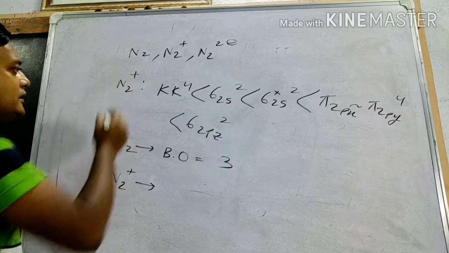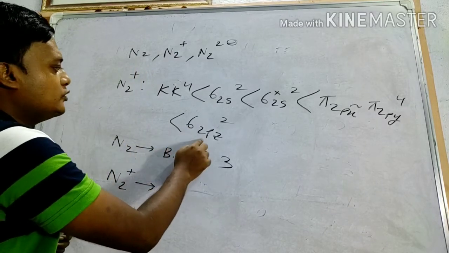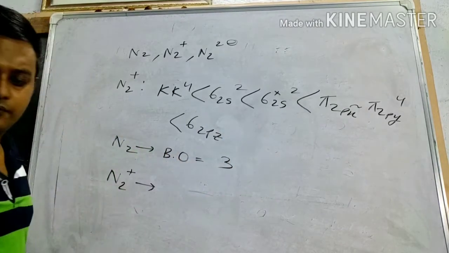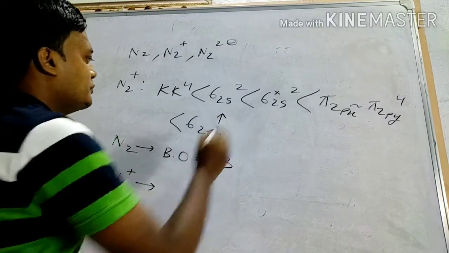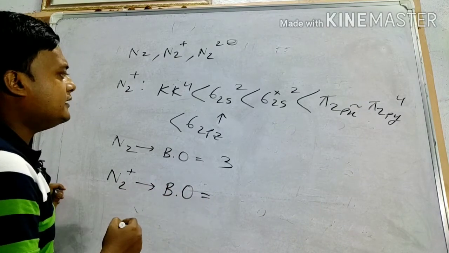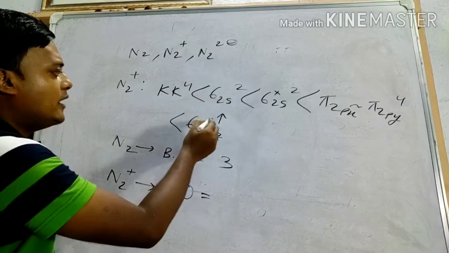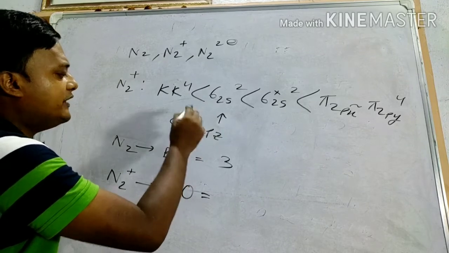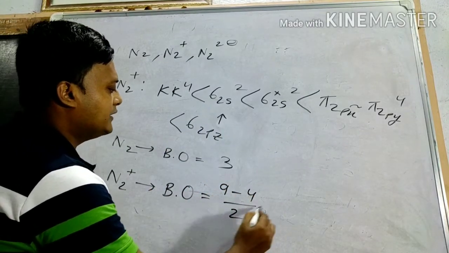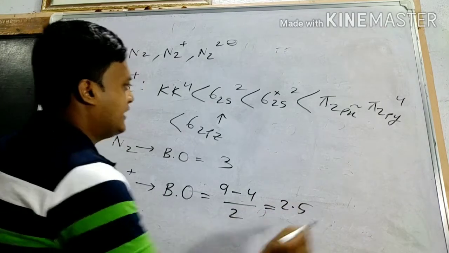For N2 plus, that will be sigma 2pz 1, because 1 electron will be removed. So the bond order, in this case 1 electron removed from the bonding orbital, so 9 minus 4 by 2, that is 2.5.